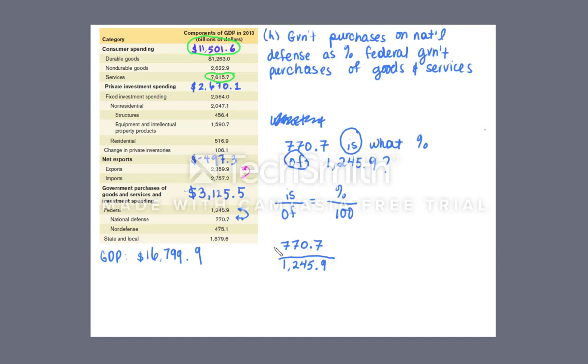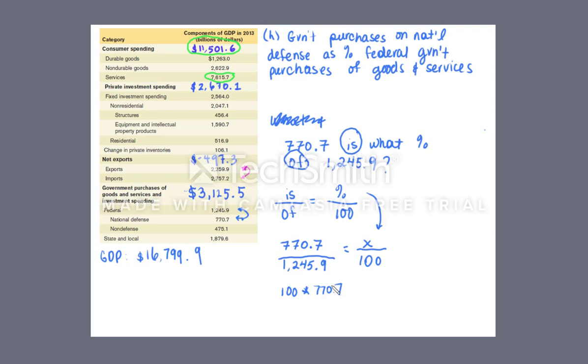So 100 times 770.7 over 1,245.9 will give me x. Now I'm going to go over to my calculator. We have 770.7 times 100, and we're going to divide it by 1,245.9. And we have 61.9%, rounding.